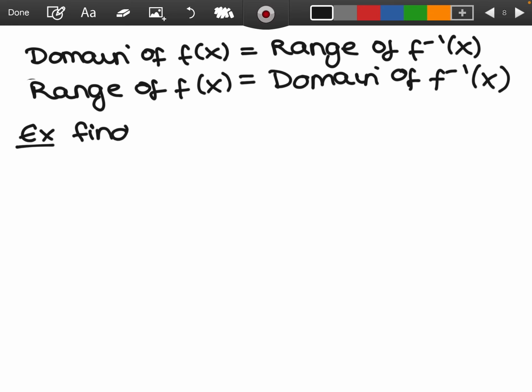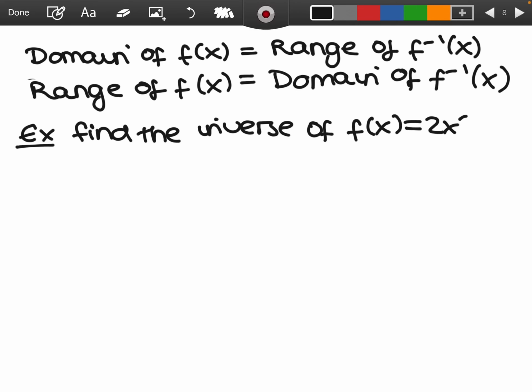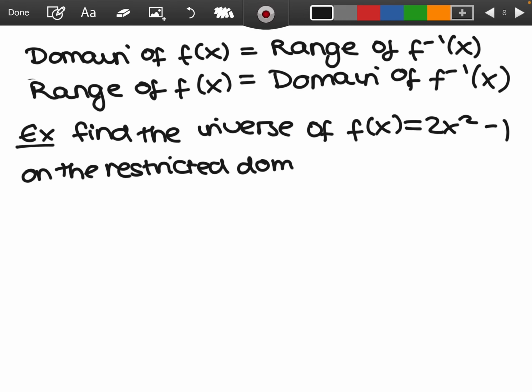So this time, for this example, I'm going to find the inverse of f of x is equal to 2x squared minus 1 on the restricted domain x is greater than or equal to 0.